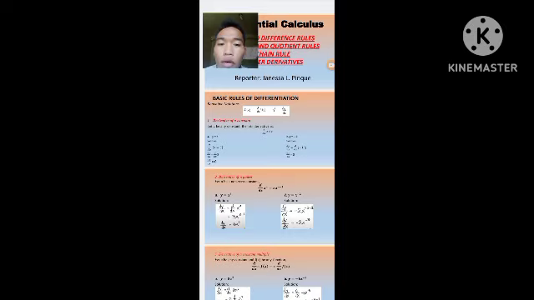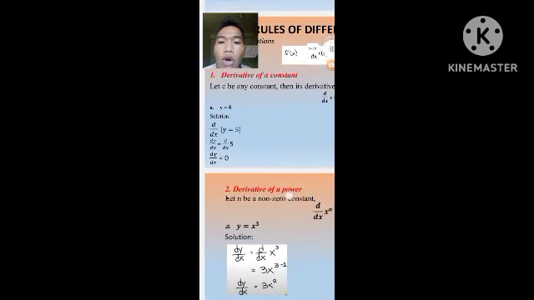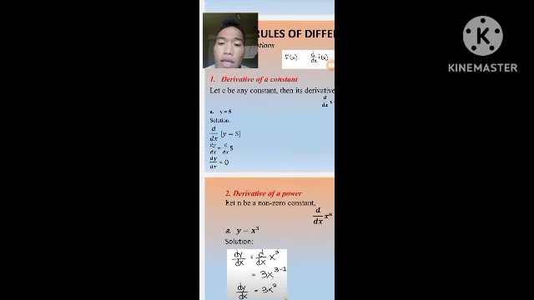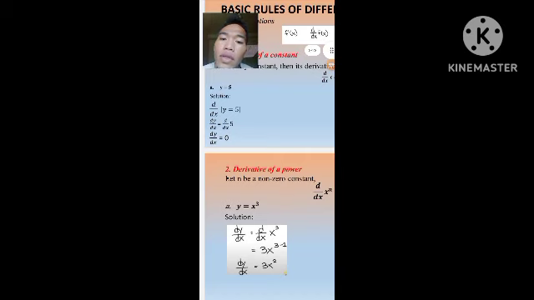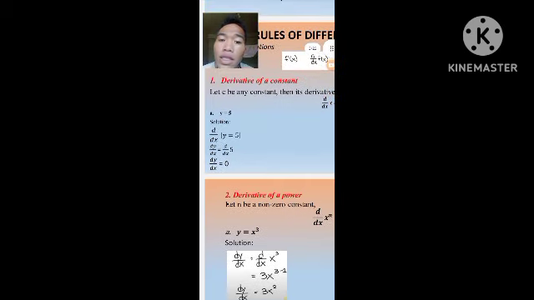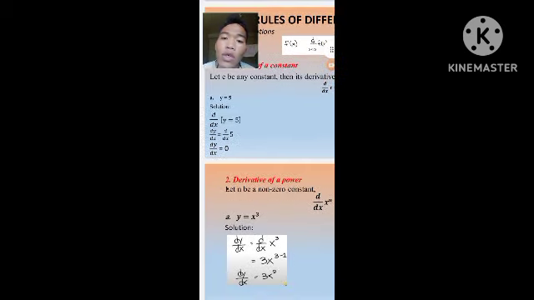Example A: y is 5. The first is dy over dx, so d over dx of y, because y is a constant, like c. So d over dx of y equals d over dx of 5.